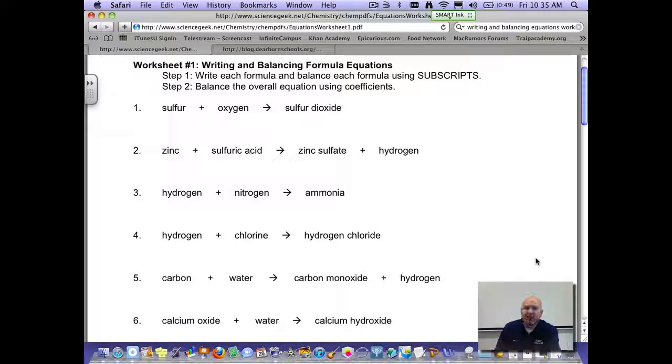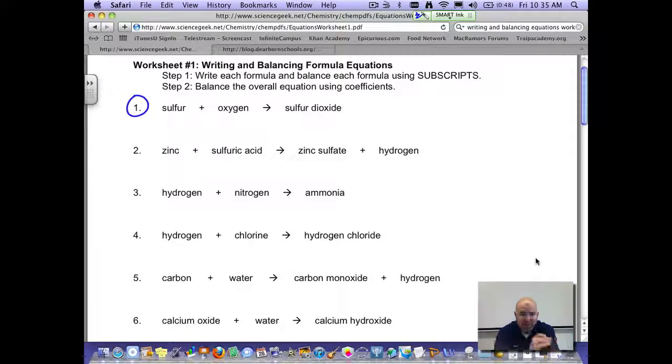Now notice we see some word equations, and the real key to being able to write and balance equations is to be able to write the correct formulas for the words. Take a look at the first one: sulfur plus oxygen, arrow, sulfur dioxide. The word equation would be sulfur reacts with oxygen to produce sulfur dioxide.